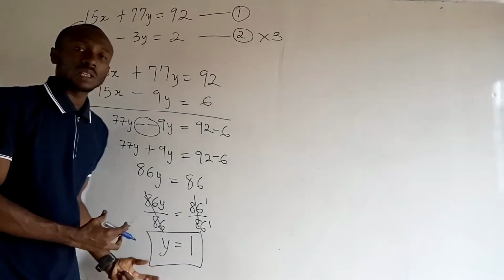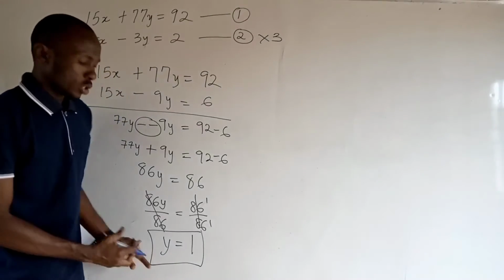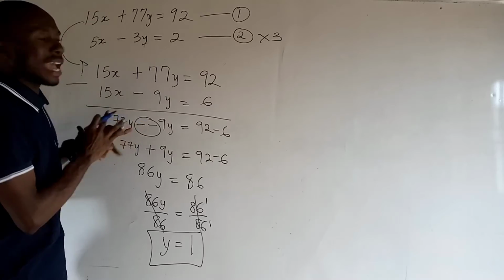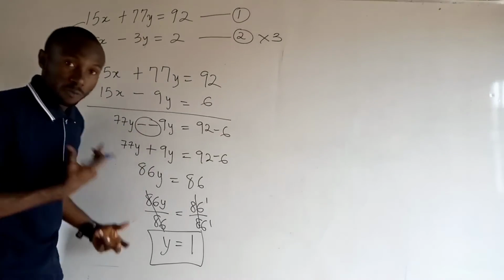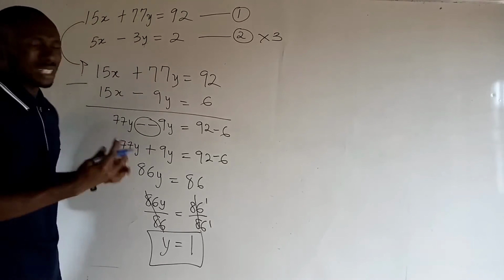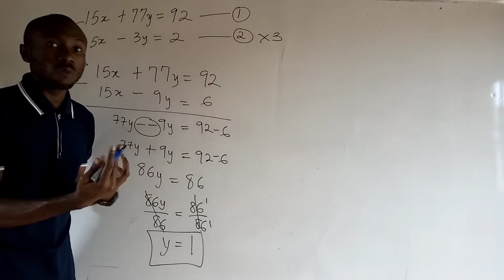Since we've gotten the value of y to be 1, we plug the value of y into any of these equations. For me, I choose equation 2 because it's smaller; I don't like working with two big numbers.